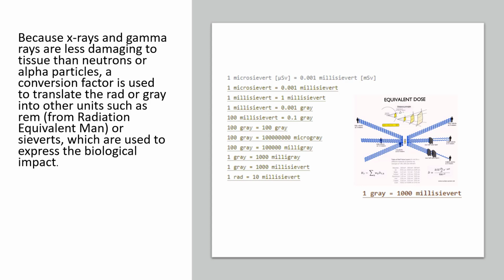And it takes 100 sieverts to equal 1 rem. The rem is what we use to actually express biological impact. So, there's a difference between the dose we receive and the impact of the dose we receive.